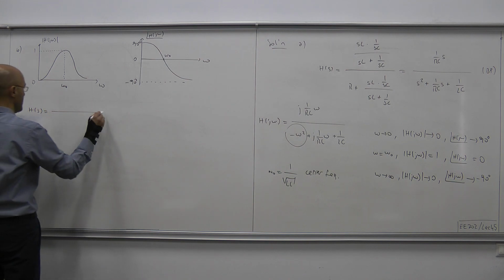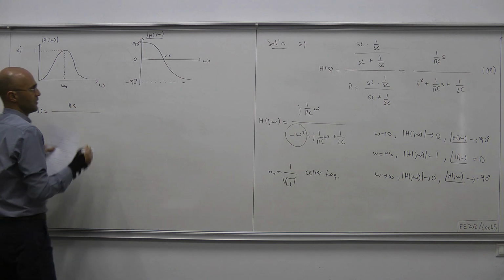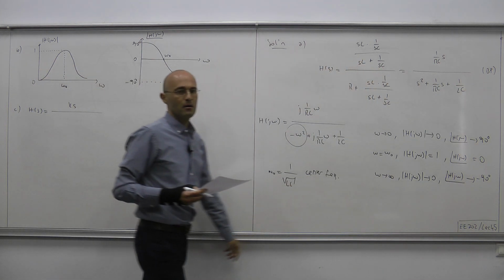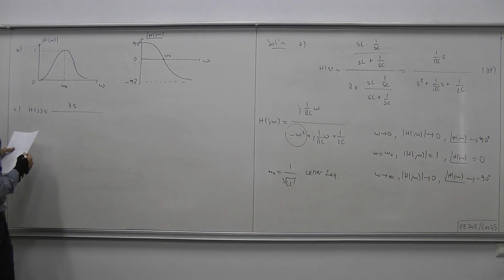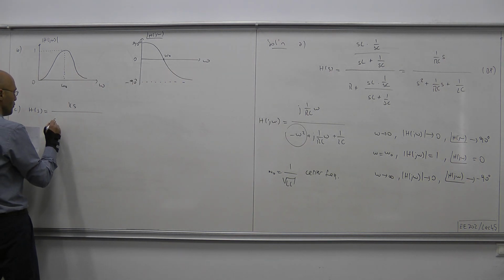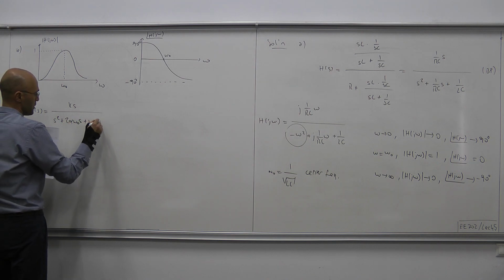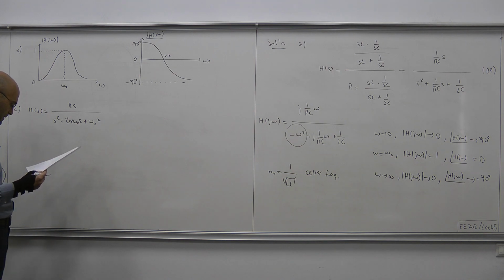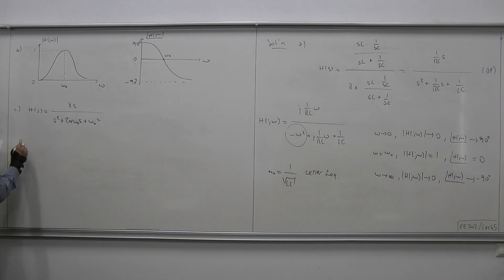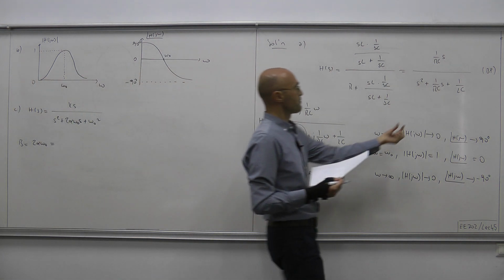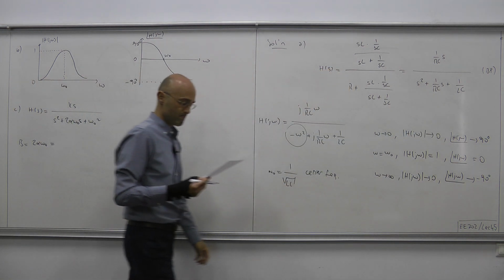Now let's talk about the numerical part, part C. So H of s, the transfer function, fits into our bandpass prototype, and our notation for the bandpass prototype was ks over s squared plus 2 alpha omega 0 s plus omega 0 squared, for which we derived earlier that bandwidth equals 2 alpha omega 0, and that equals here 1 over RC.